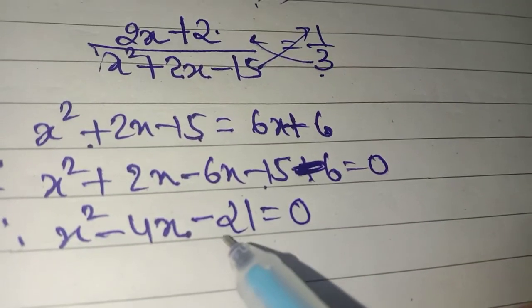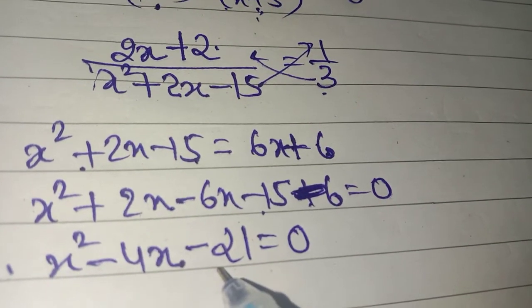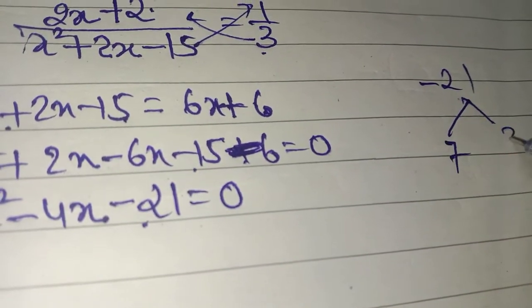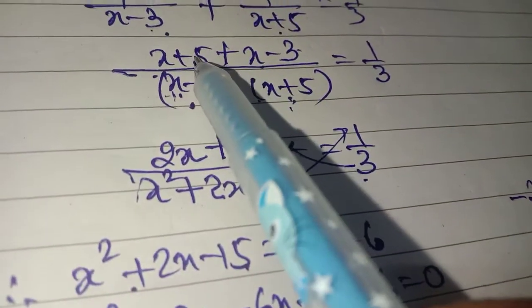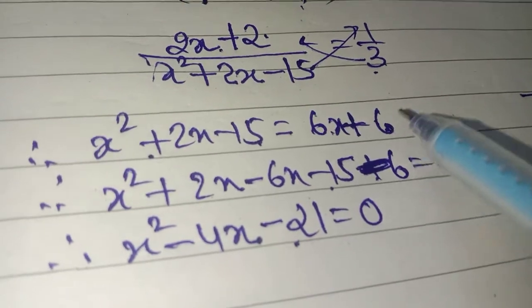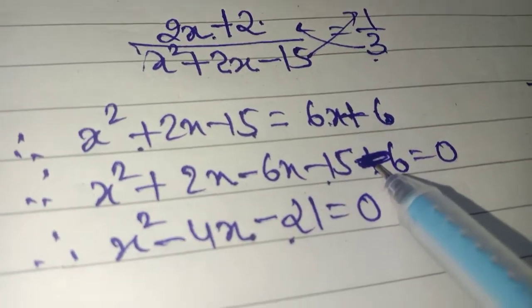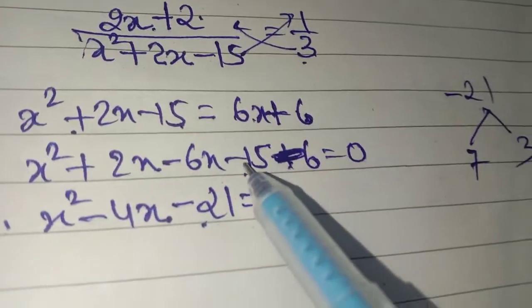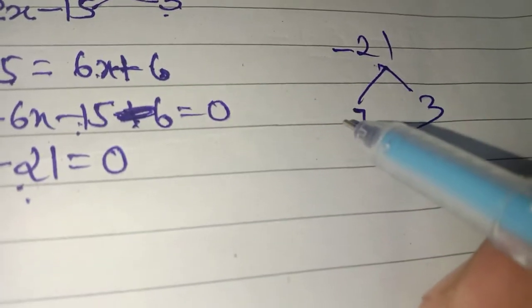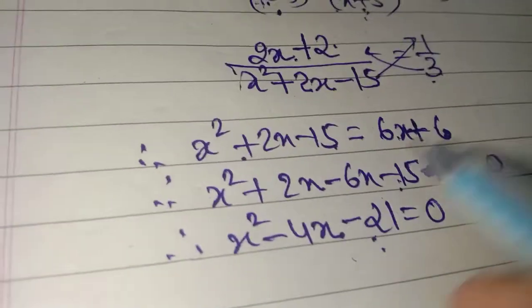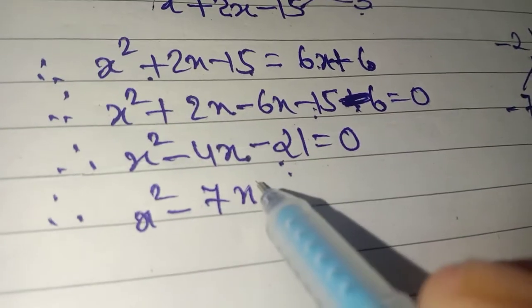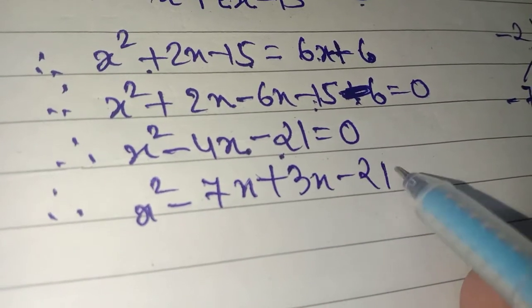Now we have to find the factors of minus 21. The two factors of minus 21 that give minus 4 are minus 7 and plus 3. So x square minus 7x plus 3x minus 21 is equal to 0.